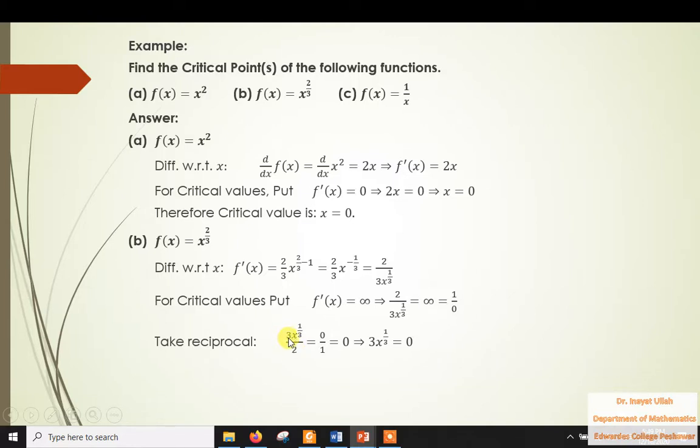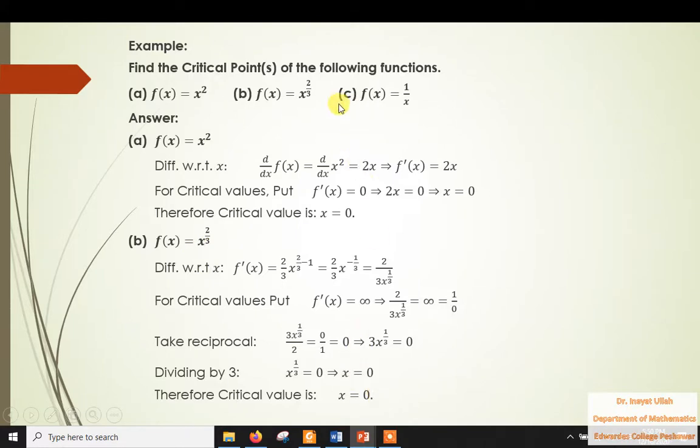So it will be only 3x power 1 by 3 on the left hand side, and on the right hand side this is 0. Now dividing this equation by 3 and taking cube on both sides to get x equal to 0. So x equal to 0 is the critical value of this function. Therefore, the critical value of this function is x equal to 0.